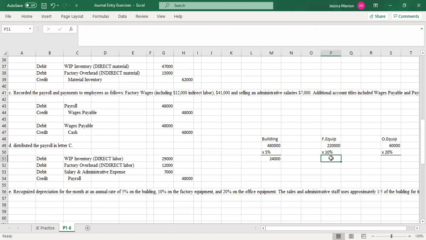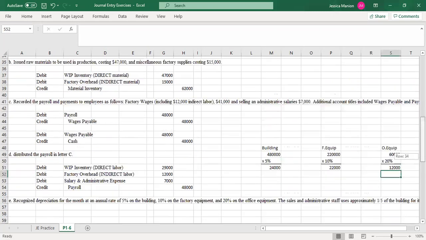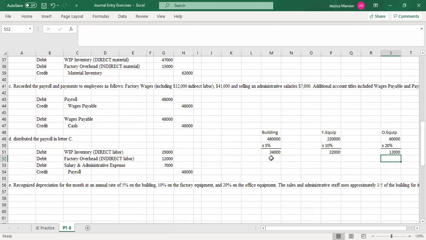Okay, equals 220,000 times 0.10. And then equals 60,000 times 0.2.